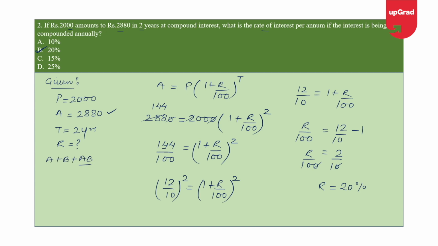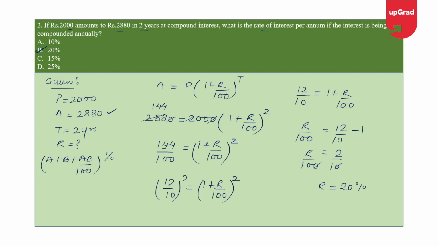If you remember in the previous question, we used this formula. But then I literally can utilize the options available in this question. Let's see how. Let me go through the options. My first option is 10%. Now we are calculating it for 2 years.